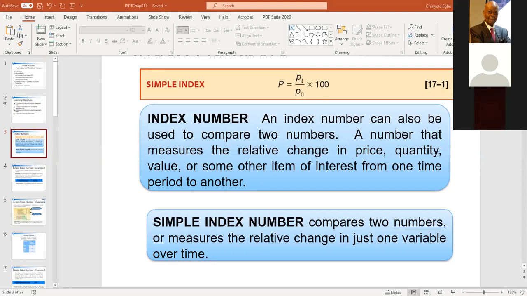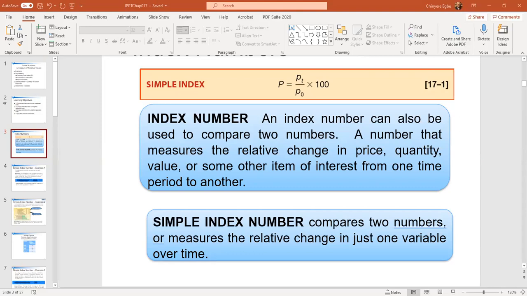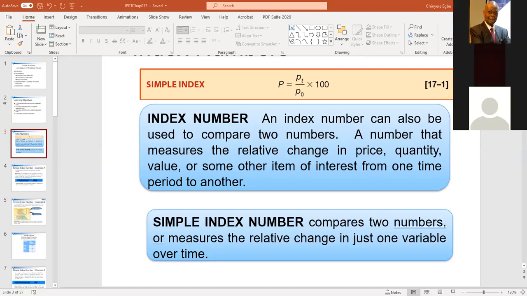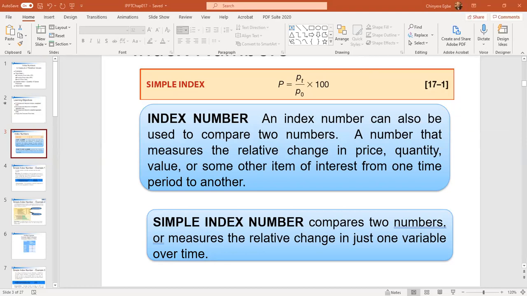Let's see if we can get an example of a simple index and use it. Okay, I have some simple index here.